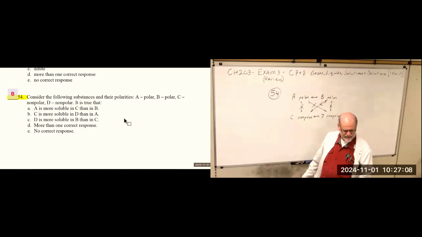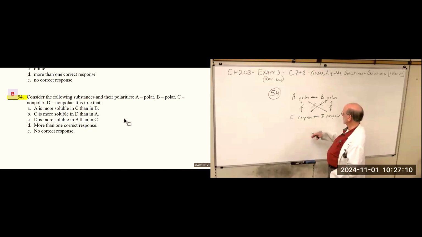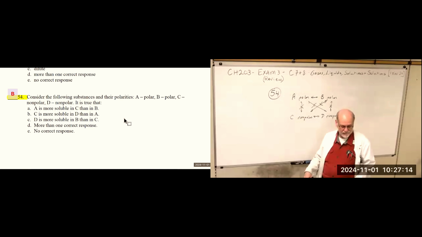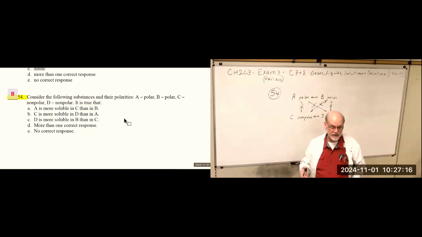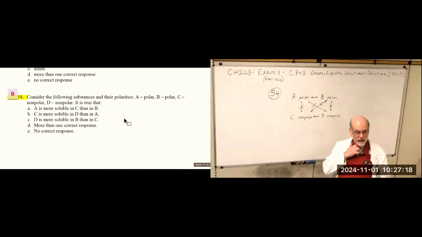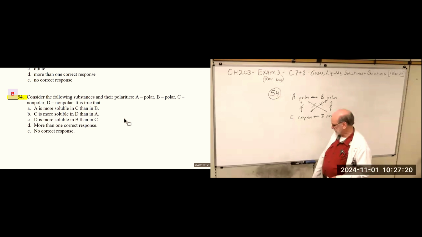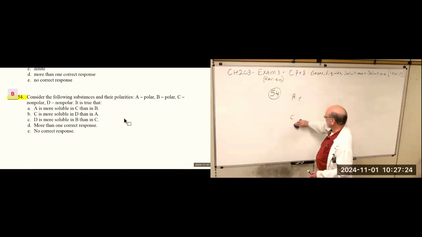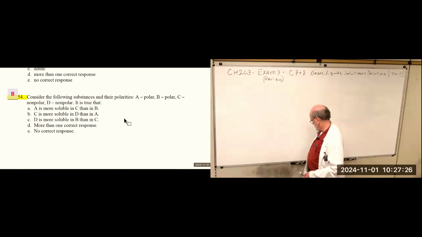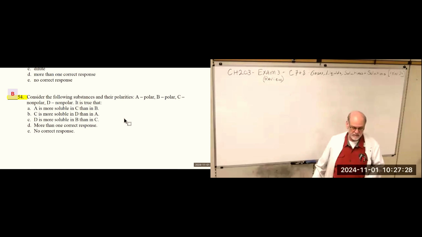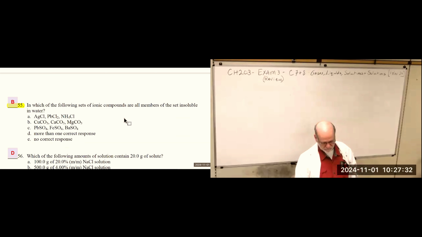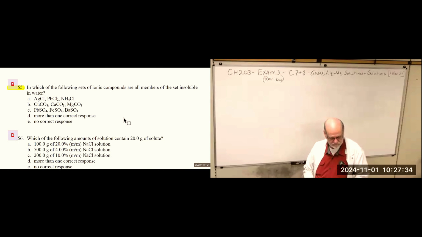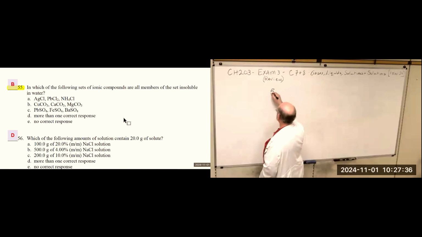And C, D is more soluble in B. Nope, it's more soluble in C. All right, so we only have one right answer, and that's B. Okay? That's the rule of thumb. Like dissolves like. And what we mean by like is polarity. 55.